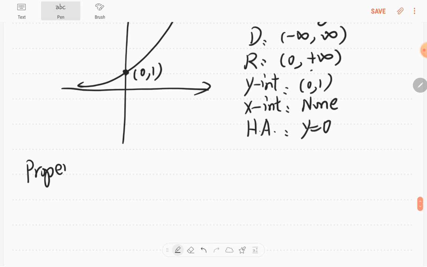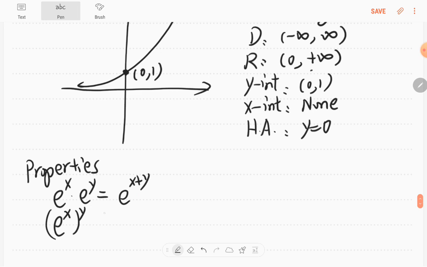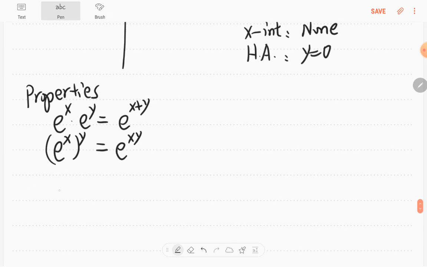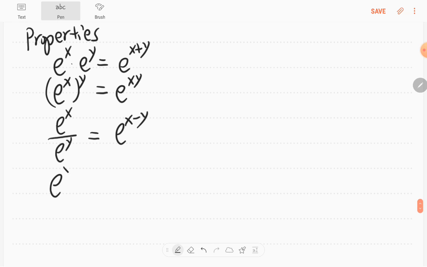We have e to the x times e to the y is equal to e to the x plus y. e to the x, then to the y, is actually equal to e to the x times y. e to the x divided by e to the y is equal to e to the x minus y. If you have e to the x equals e to the y, it implies that x must be equal to y.